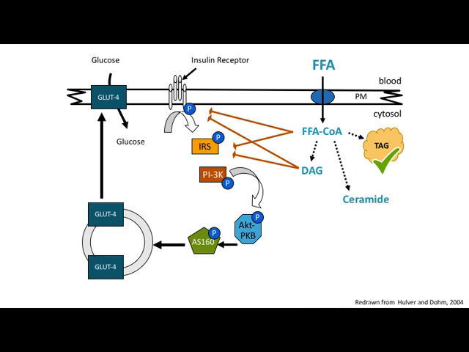Diacylglycerides also disrupt the early stages of the insulin cascade. Ceramides disrupt downstream the later stages of the insulin cascade. And the disruption is generally proportional to their abundance. More of them, more disruption. That makes sense.